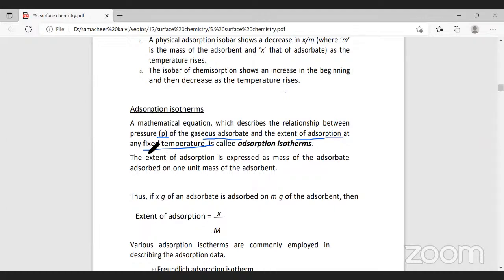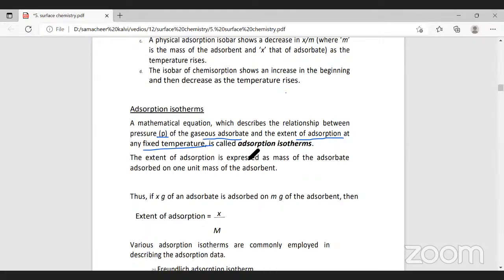The extent of adsorption is expressed as mass of adsorbate adsorbed on 1 unit mass of adsorbent.